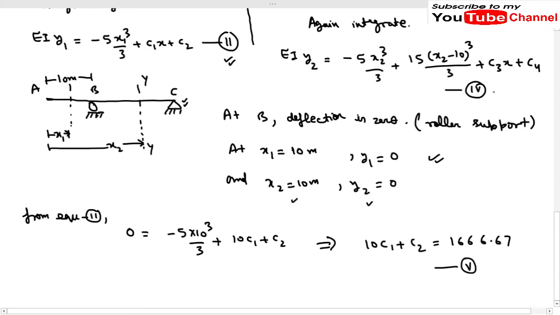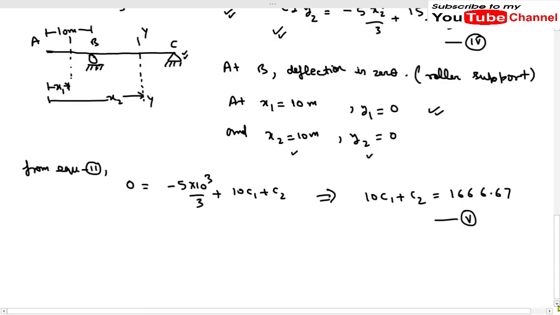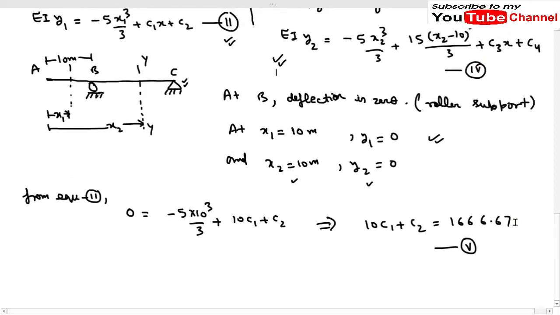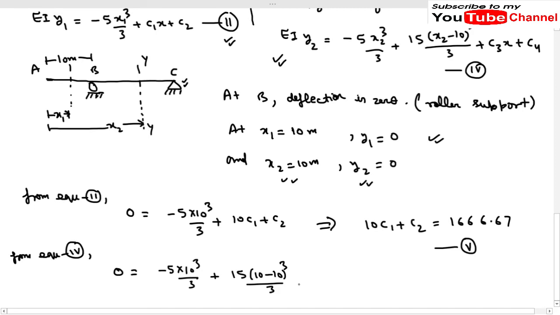So from equation number 4, after putting these values, x2 equal to 10 and y2 equal to 0, we will get on the left hand side 0 because y2 is 0, and on the right hand side minus 5 into 10 cube divided by 3 plus 15 into 10 minus 10 to the power 3 divided by 3 plus 10 C3 plus C4.